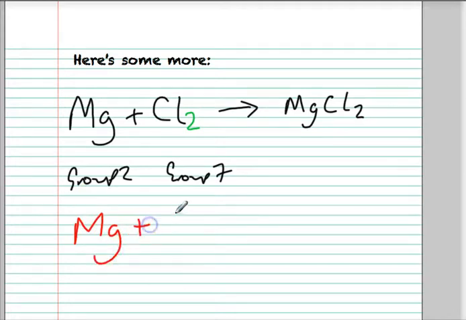Magnesium plus sulfur. 2 electrons to give away. Sulfur would need 2 electrons. So 1 sulfur atom is all that's needed for the magnesium to give away its 2 electrons. So we end up with magnesium sulfide. So that's ionic bonding.